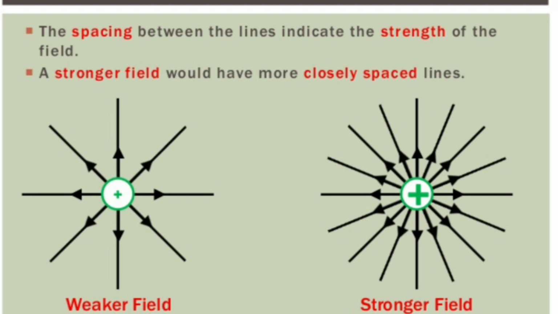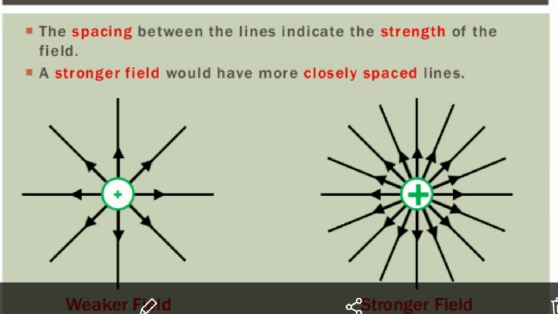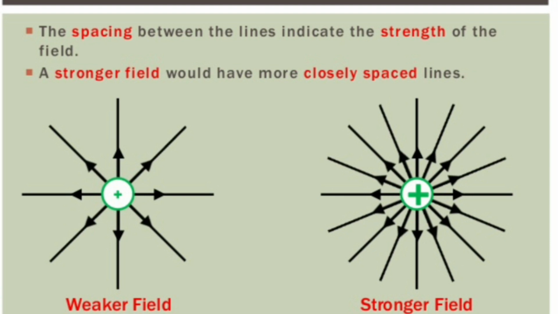And in the case of a negative charge, the field lines start at infinity and end at the charge. So this is a common characteristic of the field lines due to positive and negative charges: they can start or end at infinity.